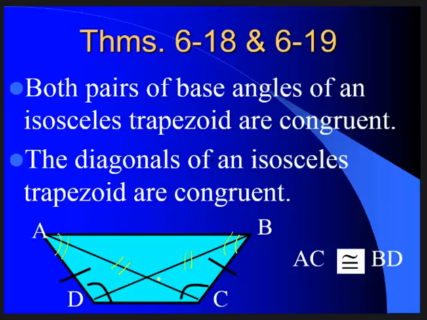They do not bisect each other, but they are congruent. Okay, notice that we end up with a couple of congruent triangles here. Okay, why do we know that these 2 triangles are congruent? Okay, think about that. See if you can figure that one out.